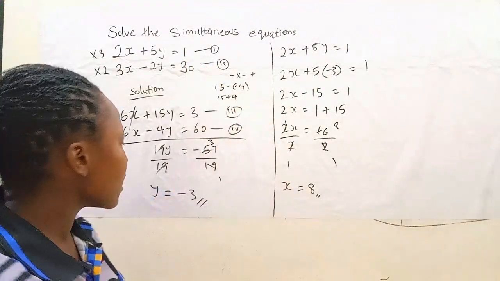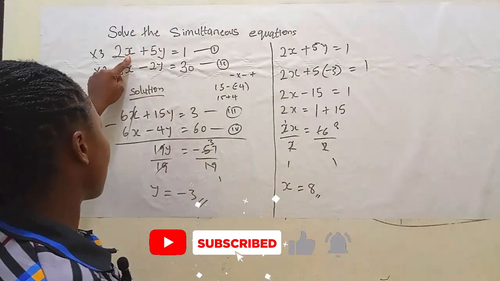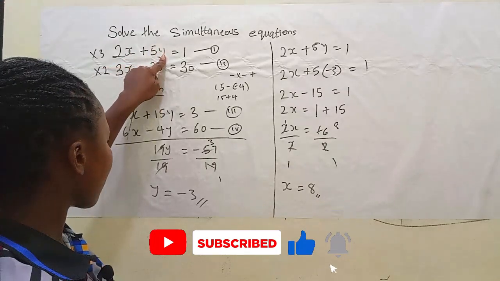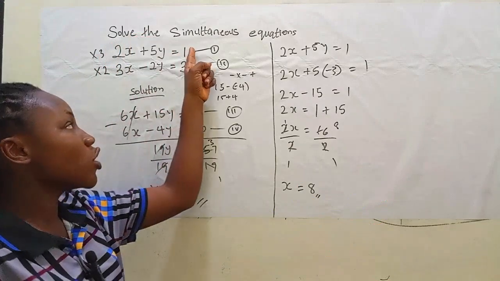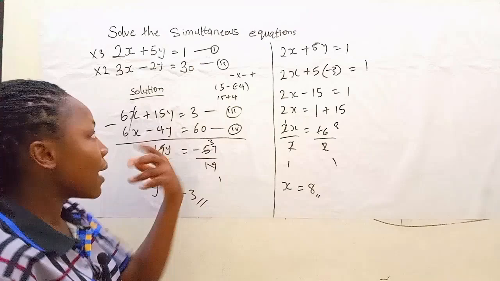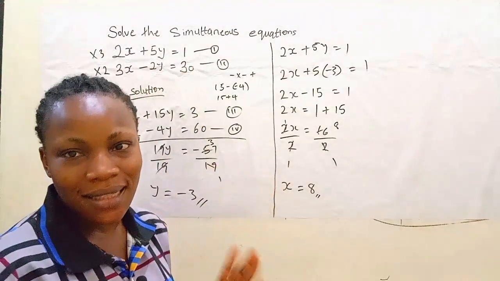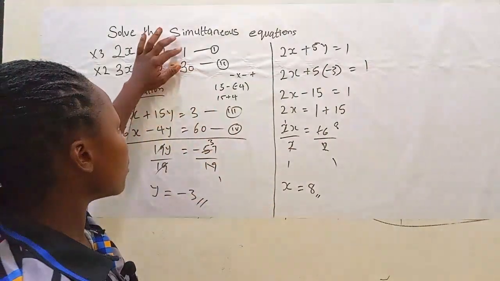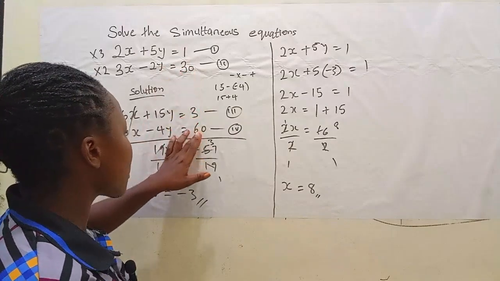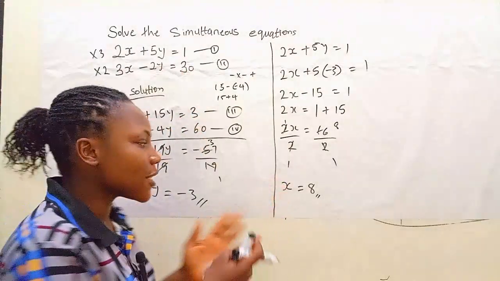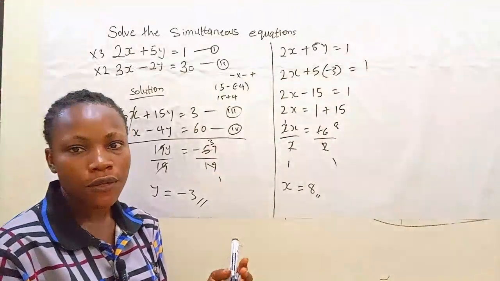What I mean is that this place that we have x, we have to put 8 there, and this place we have y, we have to put this value. After we have solved it, it's going to give us 1. Likewise in equation 2. So once we get this value as 1 or 30, after we have substituted these values, we will know that yes, this is our value.